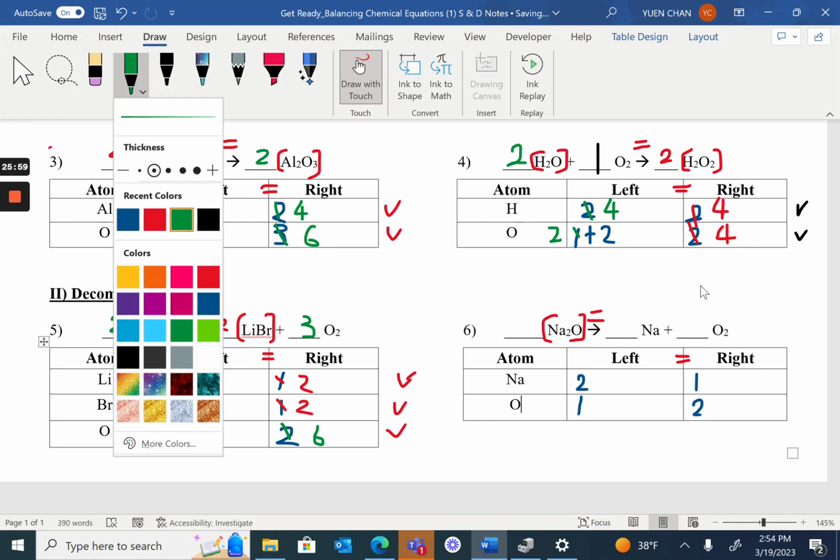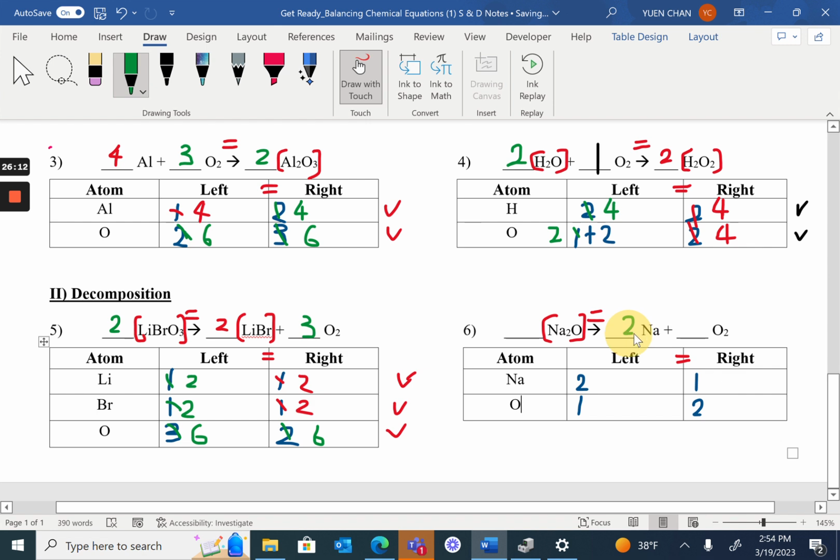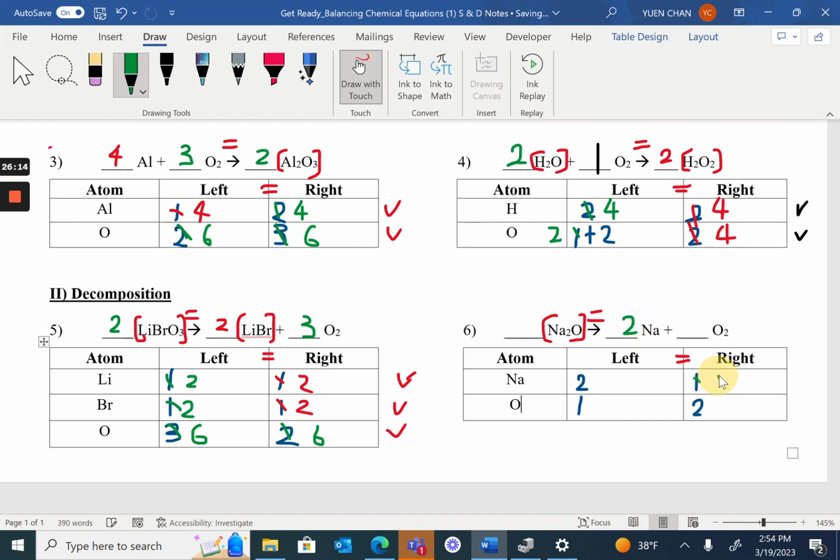You can change the O first, it doesn't matter. So I'm going to change the Na. I have to make the Na balance, so I change this to be 2. Then I will change that to be 2. So Na is balanced, but O is not balanced. I have to make the O, 1 times 2, to be 2.